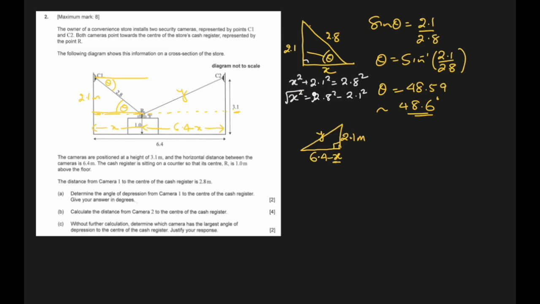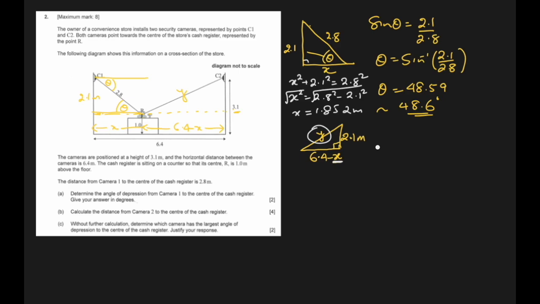To find x, we square root both sides and only write the positive answer because distance cannot be negative. 2.8 squared minus 2.1 squared, square root, is 1.852. Let me write the whole number here so that it does not affect my final answer: 1.852 meters.